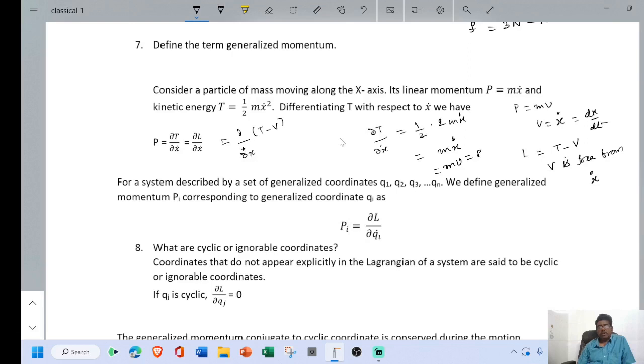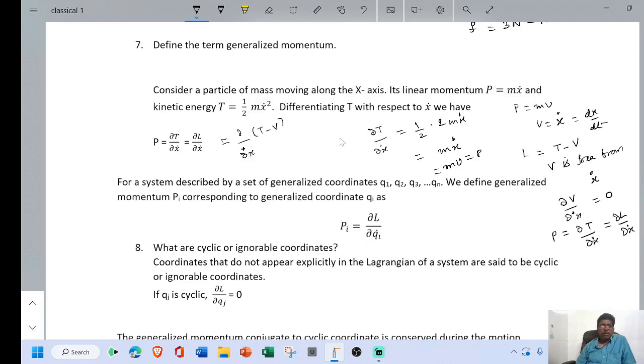Therefore, we can write this as dou T by dou x dot. Then p equals dou T by dou x dot, which is equal to dou L by dou x dot.